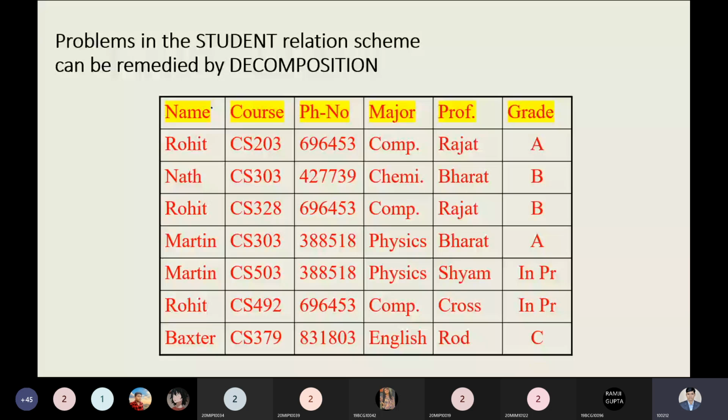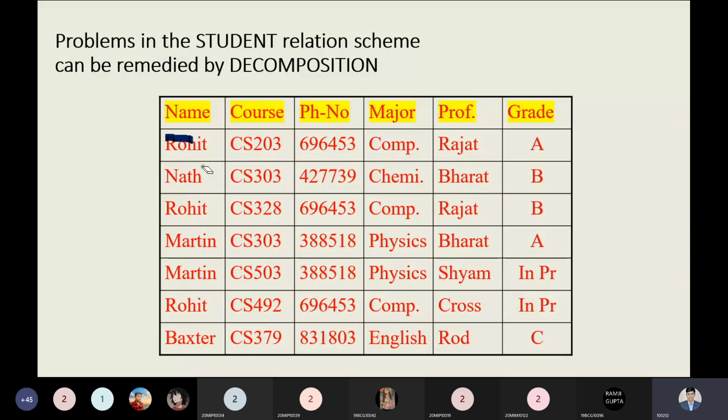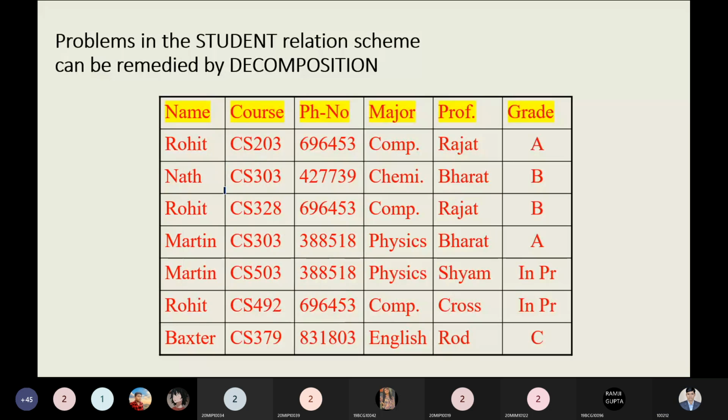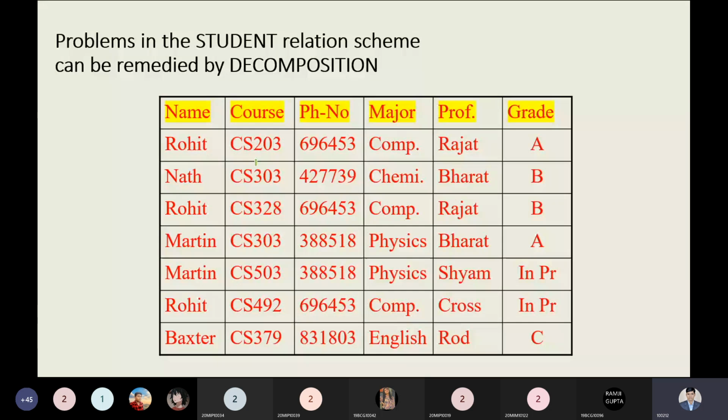So I'm using a highlighter to highlight all the duplicacy points. Rohit is coming three times.